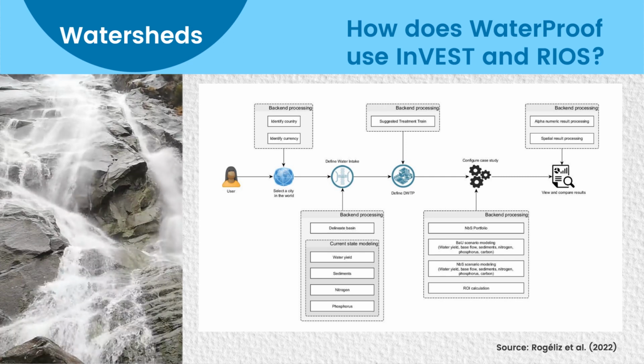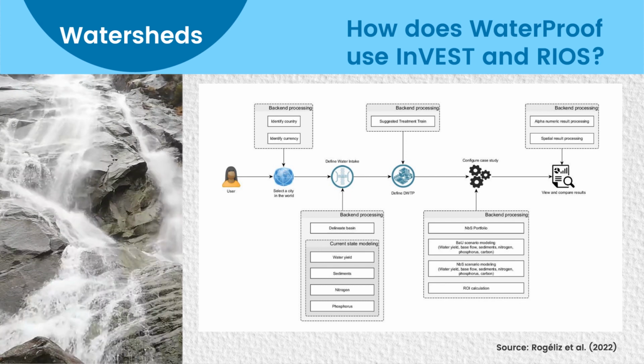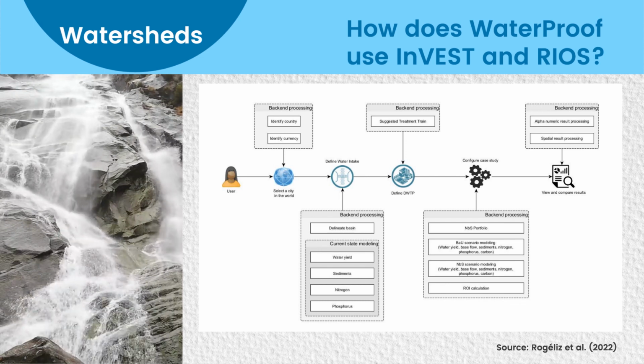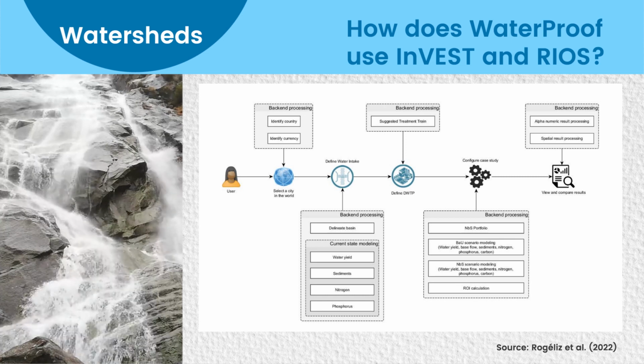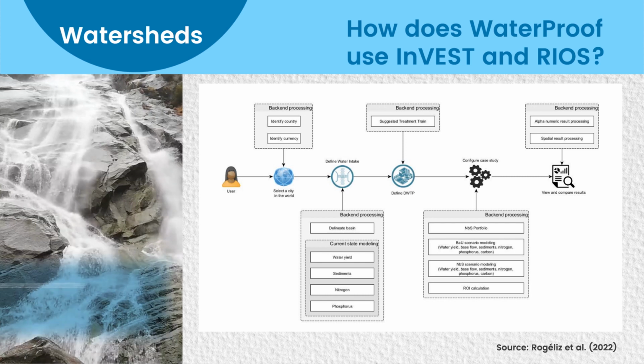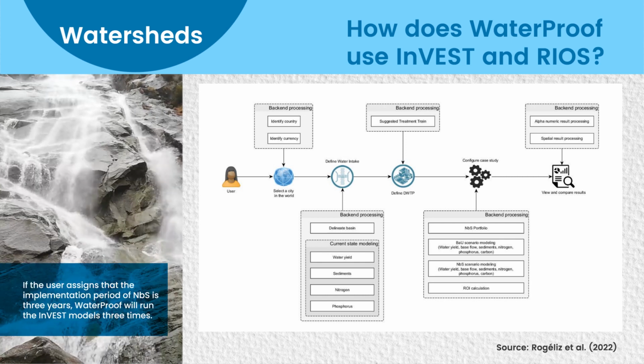Then, Waterproof runs the Invest models for the business as usual scenario and then for the nature-based solution scenario. It is important to note that Waterproof runs Invest in the nature-based solution scenario for the number of years of implementation that the user has defined in the case study configuration.